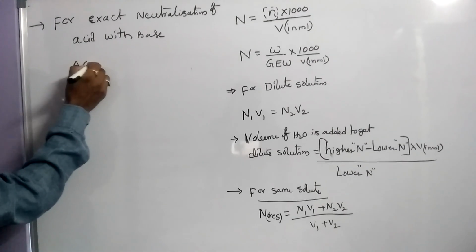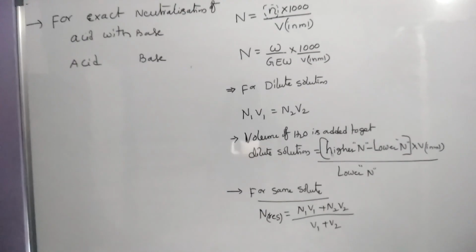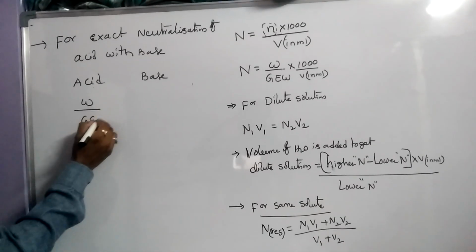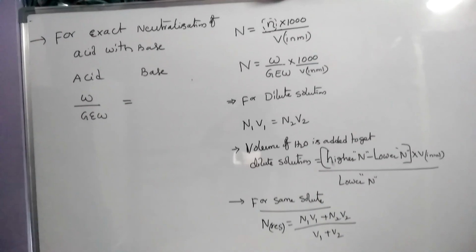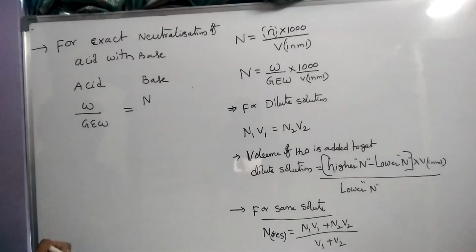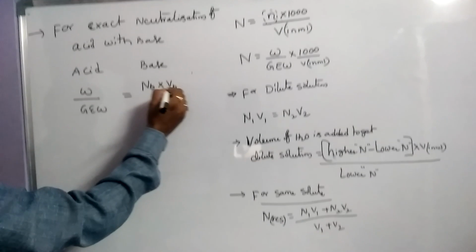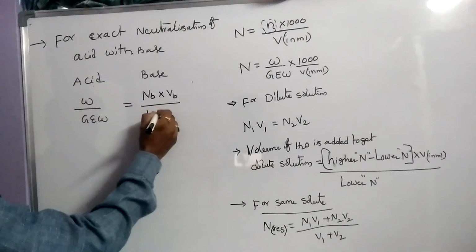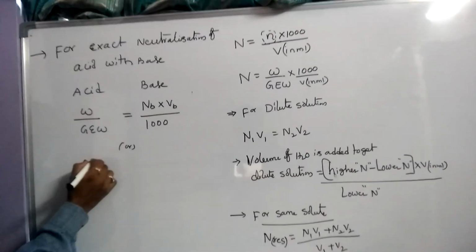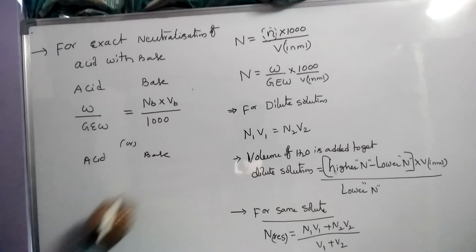Here acid versus base. Weight by gram equivalent weight is equal to normality of base NB into volume of base by 1000, or acid versus base concept.